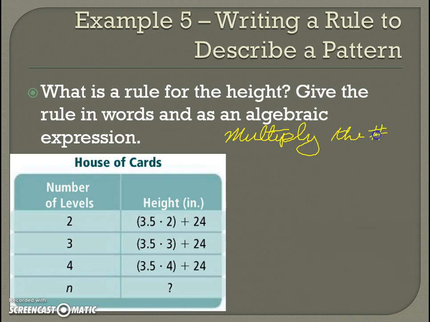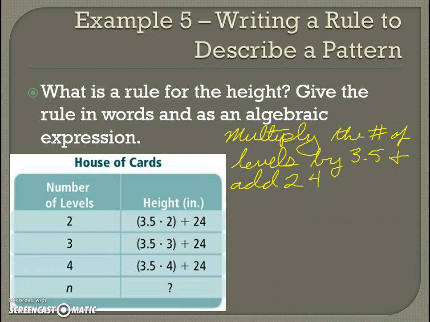That's not a hashtag. That means number. The number of levels by 3.5, and that means and, add 24. All right, so that's how we would write that in words.